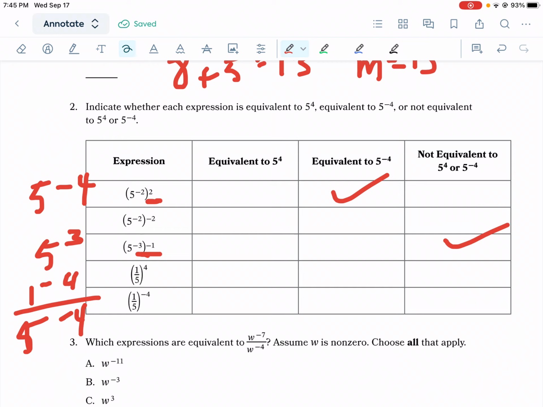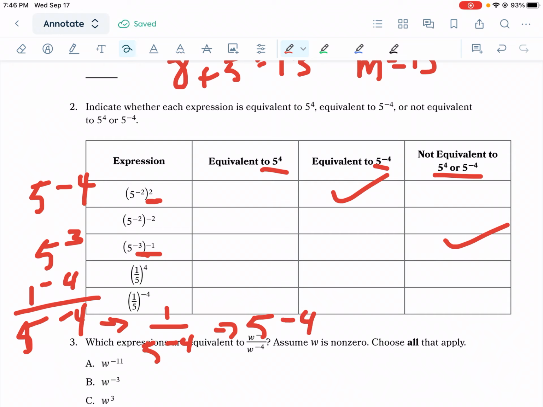What is important is being able to convert this fraction back into exponential form, because these up here, your answers, are all in exponential form. Anytime you have a negative exponent, especially in the denominator's position, and you need to convert, that'll always result in a positive exponent when you put it back in exponential form.